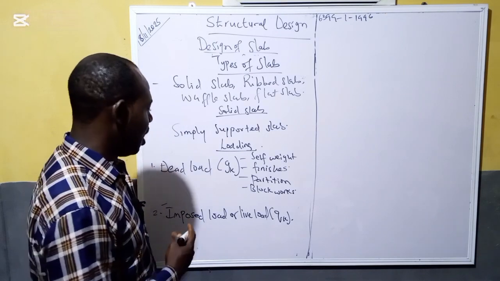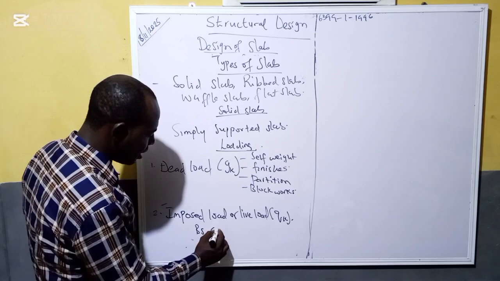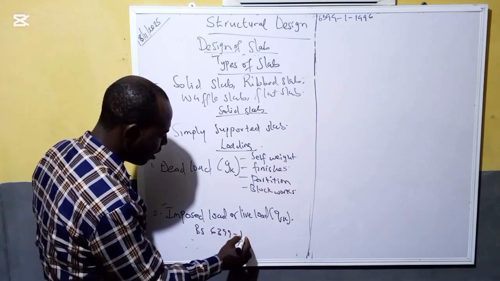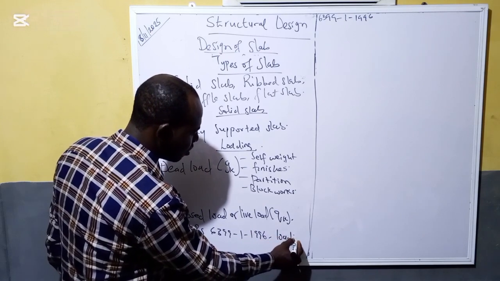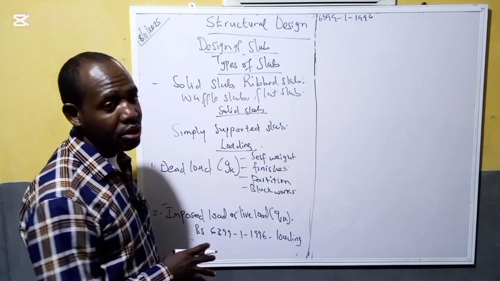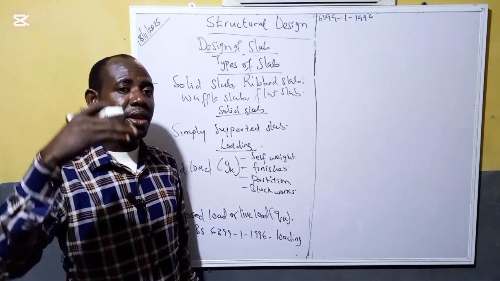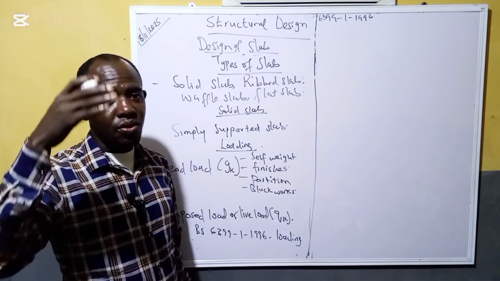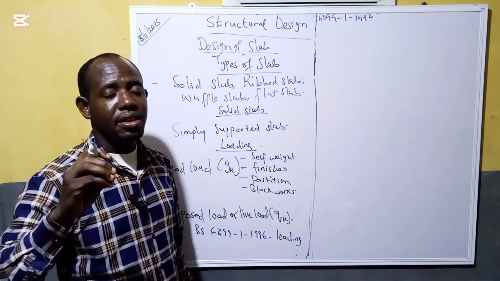In Nigeria here, we use BS 6399, 1996, which deals with loading. You can check it out and you will see different kinds of load and the usage of the slab.